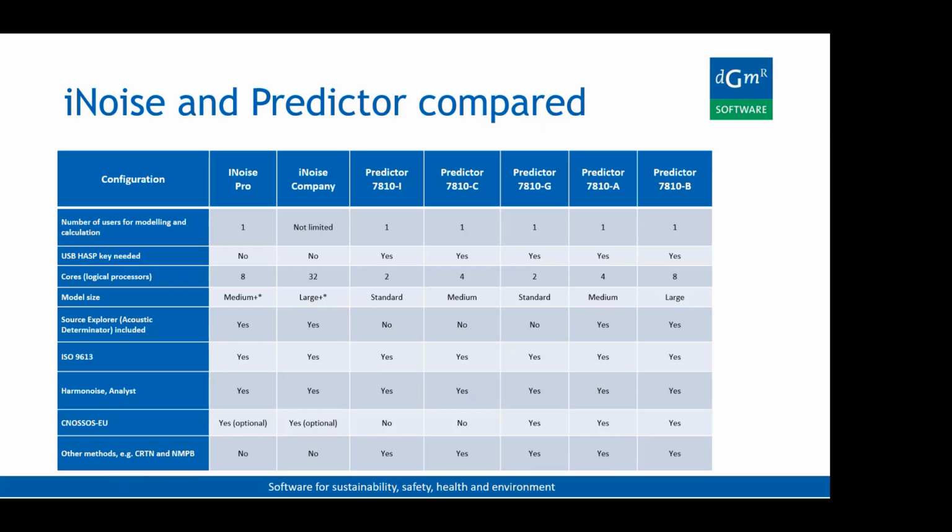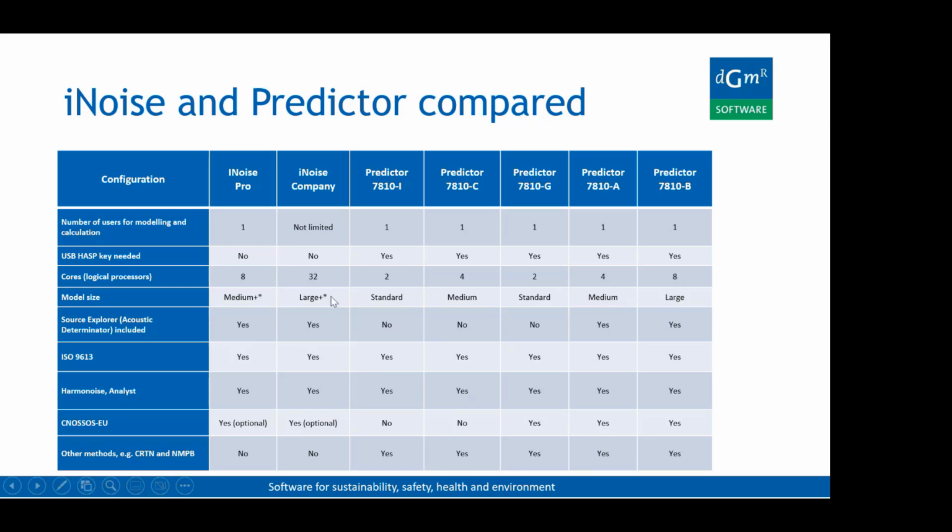Then the number of cores supported: Pro 8, Company 32, Predictor starts from 2, maximum of 8. Then the model size in iNoise Pro is medium plus, because like I explained, iNoise Pro can really have 1,000 polyline roads, so it can be a really big model.